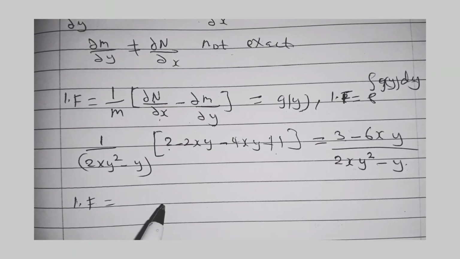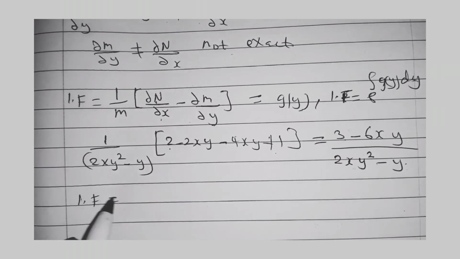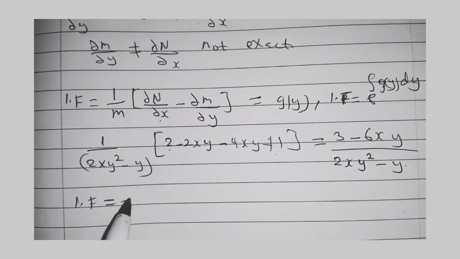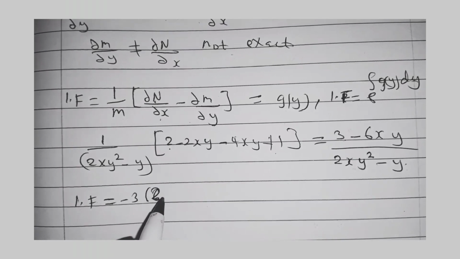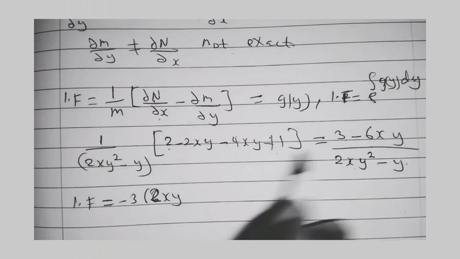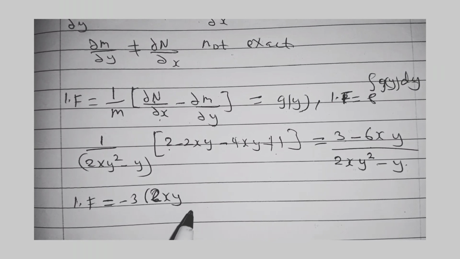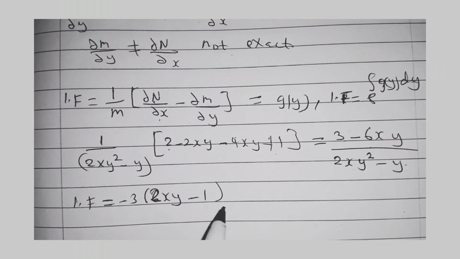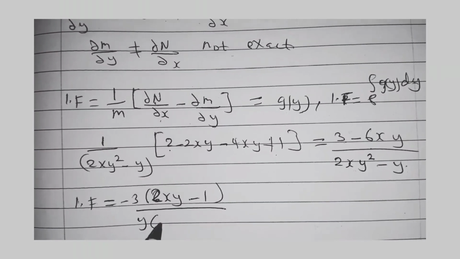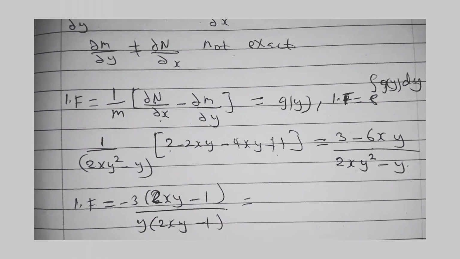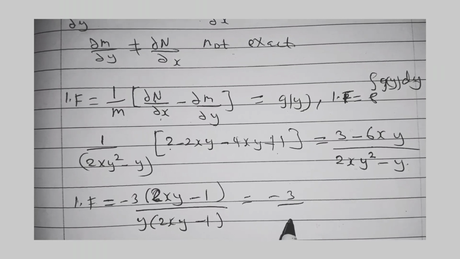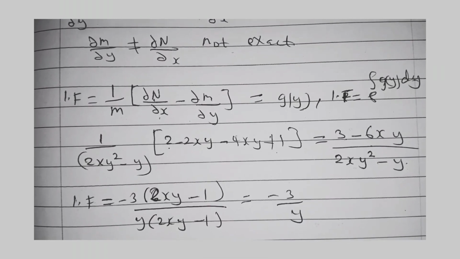On the numerator, we are going to have −3 into (2xy − 1), over y(2xy − 1). This is equal to −3 over y.